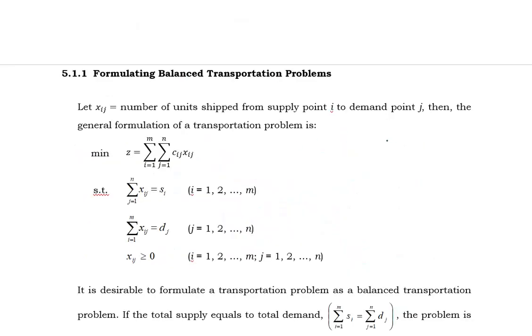The general model of the transportation problem is shown here, where xij represents the decision variable, and the value of each variable shows the number of units shipped from supply point i to demand point j. The number of decision variables in a transportation problem is m times n.